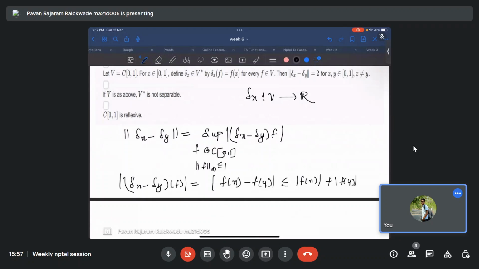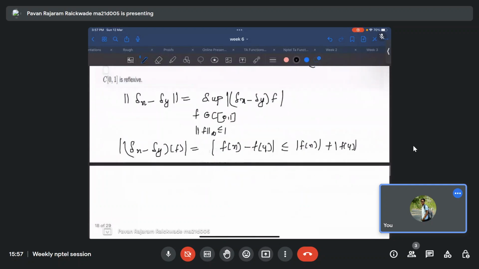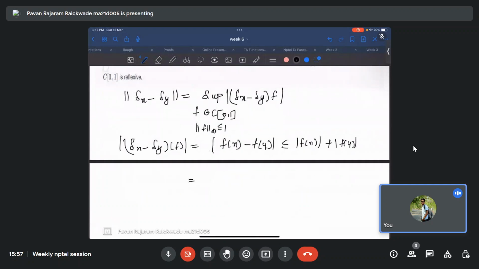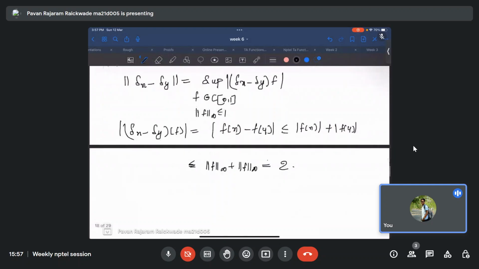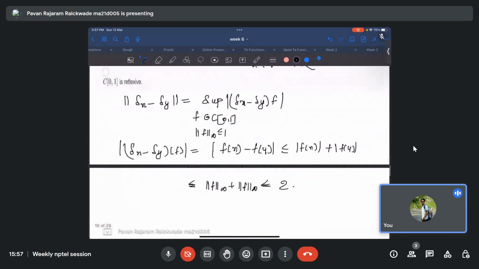This is norm f infinity plus norm f infinity, which is 2. So for sure the supremum is less than or equal to 2. I want to show it's equal to 2.